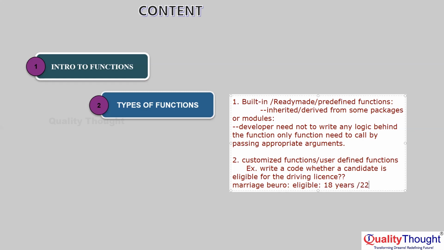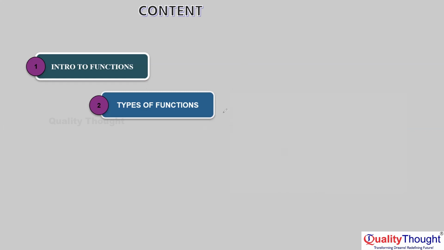Now they have made it 22 years. So it all changes from time to time, and we have to change the program accordingly. So functions are of two types: built-in functions and customized functions. Let me give you a clear idea of what exactly a built-in function is and what a customized function is.